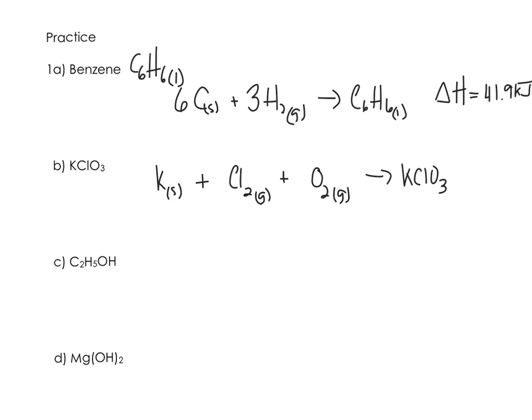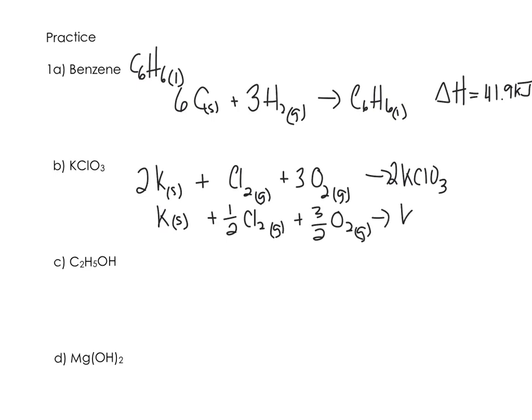So normally you would balance this, you'd have to put a 3 here, a 2 here, and a 2 here. However, your enthalpy of formation reactions must have only 1 mole of product. So this is why we're allowed to balance with fractions in this unit. So 1 of these and a half of 1 of these and 3 halves of 1 of these makes 1 of these.